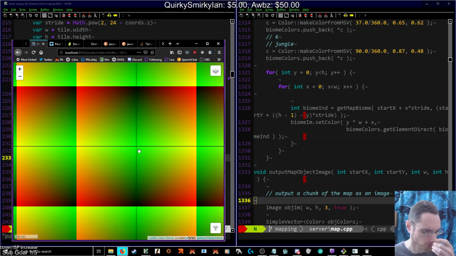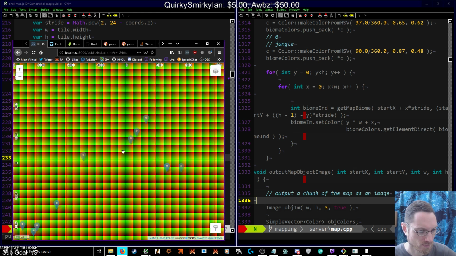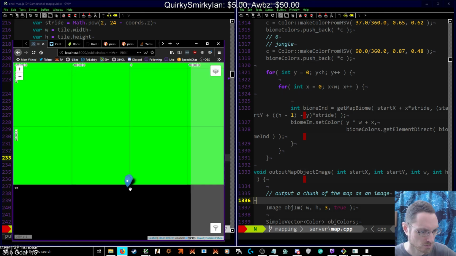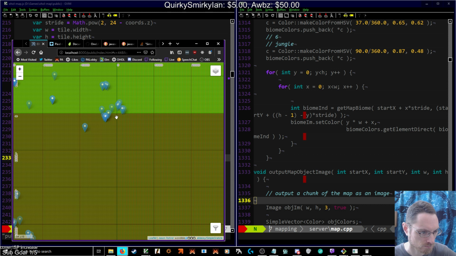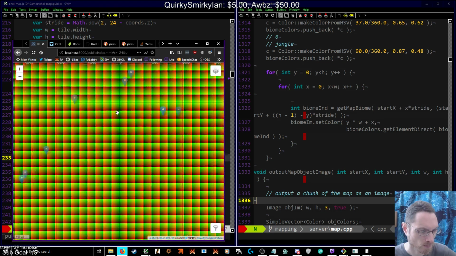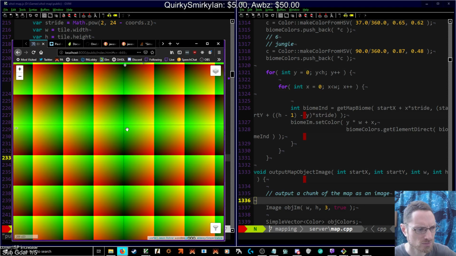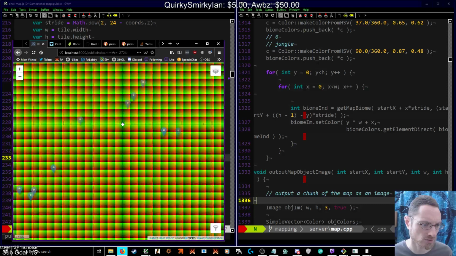That at least seems to be putting world x and world y 0 on the correct plane. And there's probably just like a starting point issue within the tile. It's not really doing good sampling right now. Yeah, because that's world coordinates, so we're always going to crunch down to something.